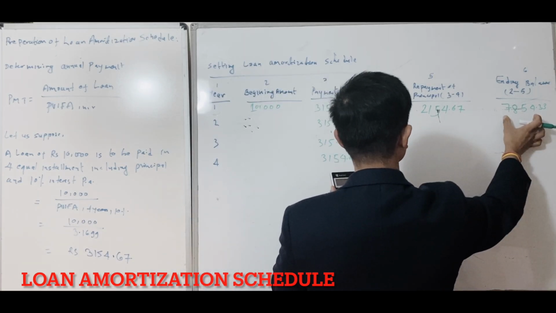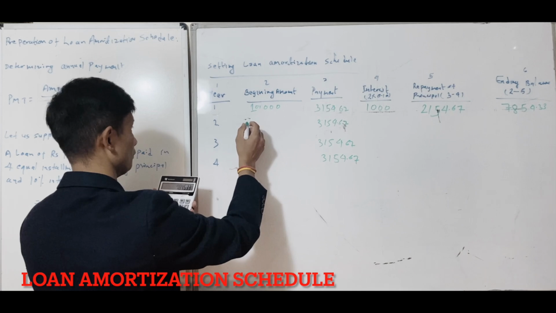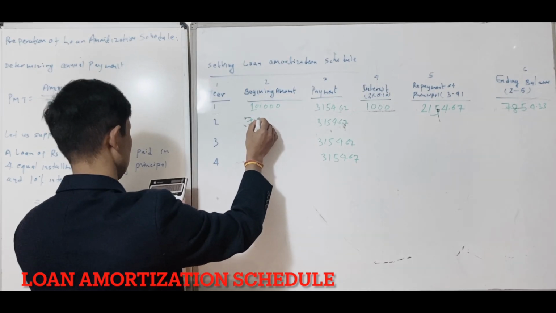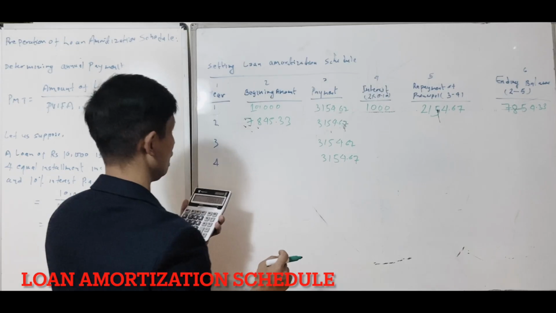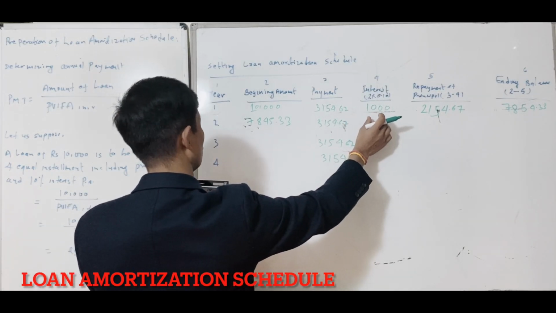The ending balance becomes the beginning balance for next year. So the beginning balance for year 2 is 7845.33.